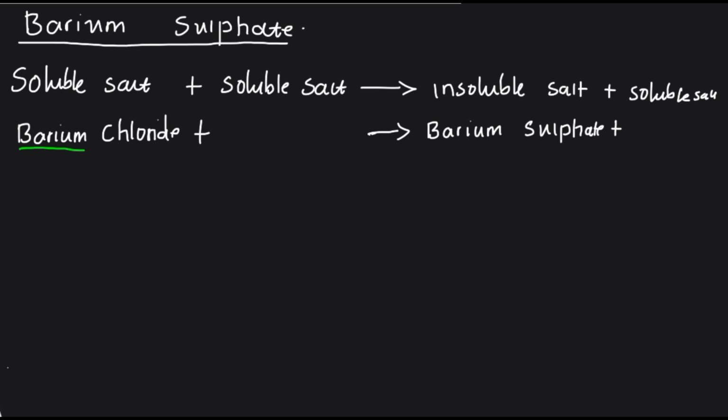From this barium chloride, we just want the barium. Now we are done with barium. Let's look at the sulfate. We need to choose another salt that has a sulfate in it, and that salt must be soluble. What salt can that be? Let's choose sodium sulfate. Remember, all salts of sodium are soluble.